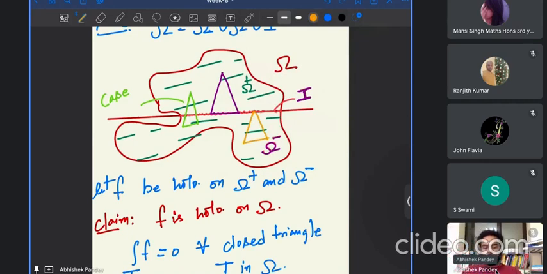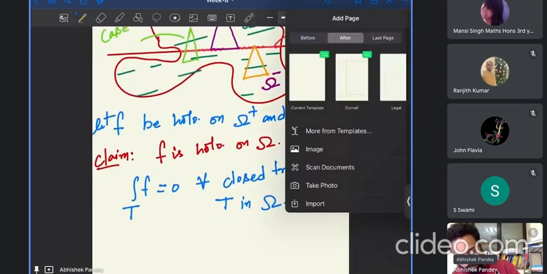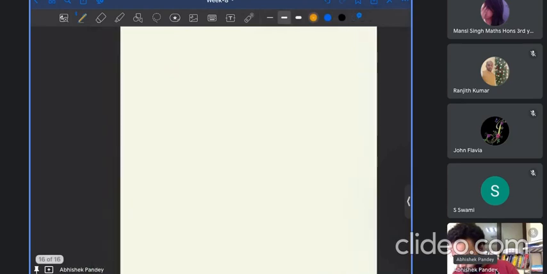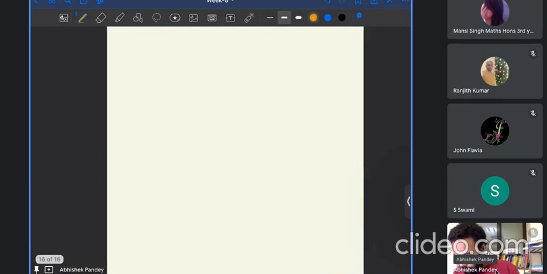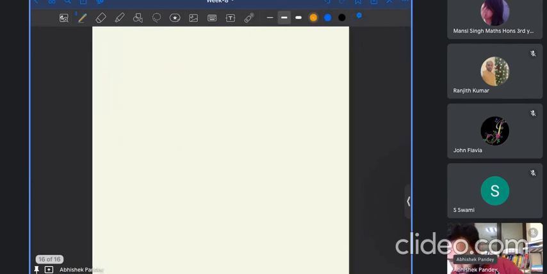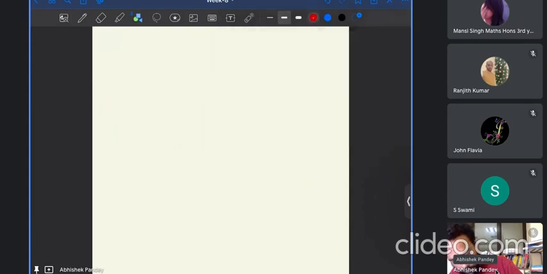These kinds of triangles we will have in this one. Let us try to do this. What we are going to do here is the following. This will be a little bit constructive, but anyhow we will do it like this.